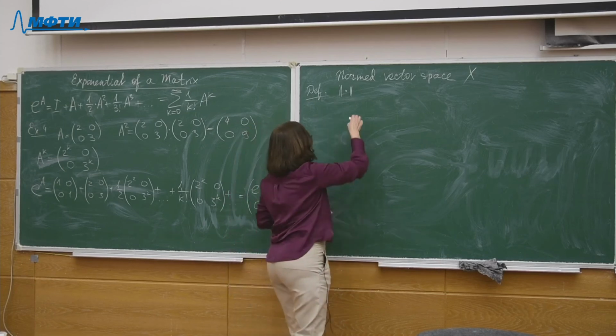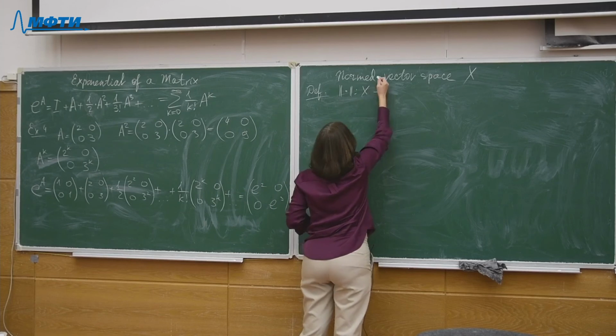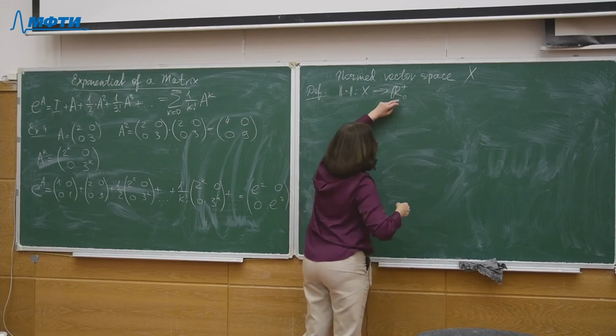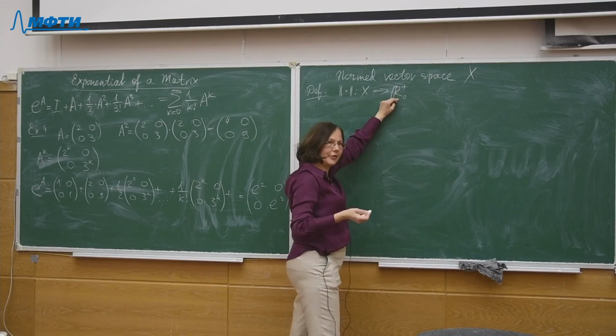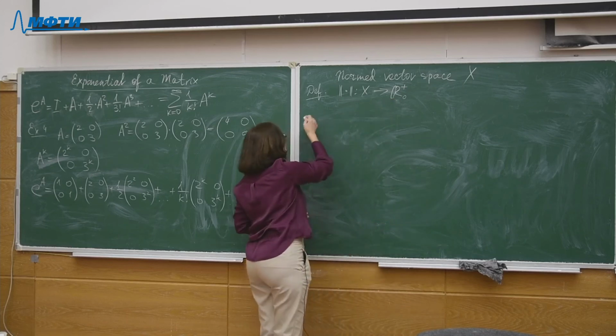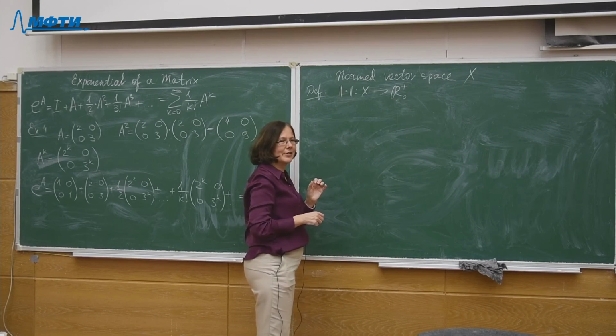Okay, so this is a function from X to R plus. So this is a non-negative function, right? It takes non-negative values. Okay, and then there are three properties which should be satisfied.